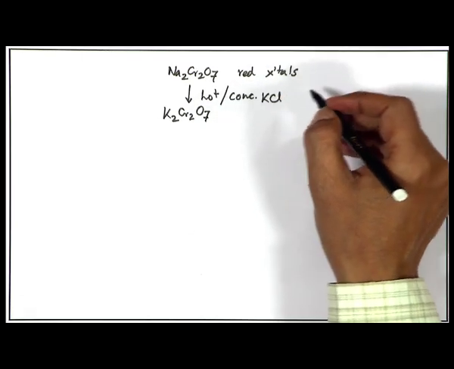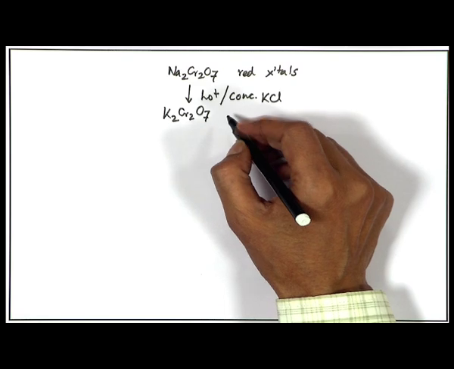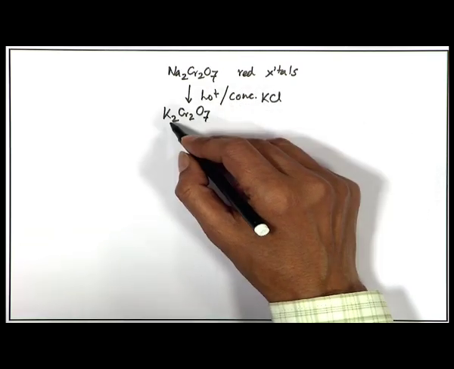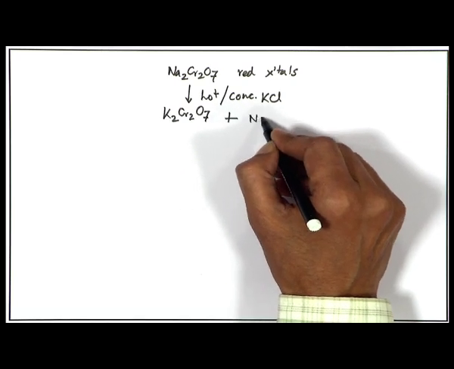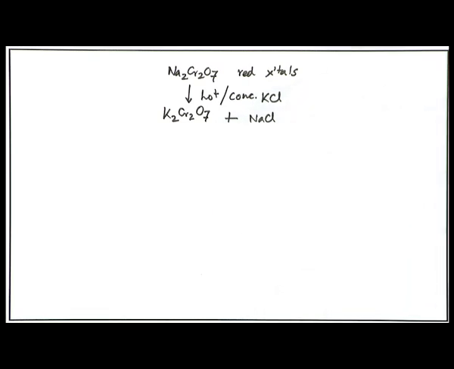Then again this is forming, and the potassium chloride gives you the potassium to get the corresponding salt, as well as some amount of sodium chloride forming over there.